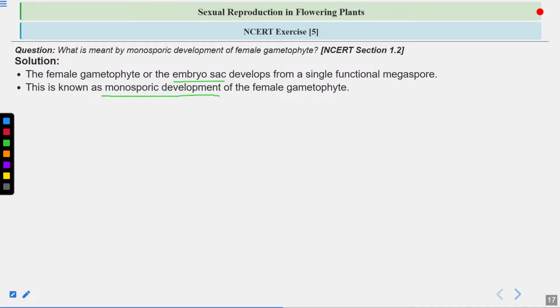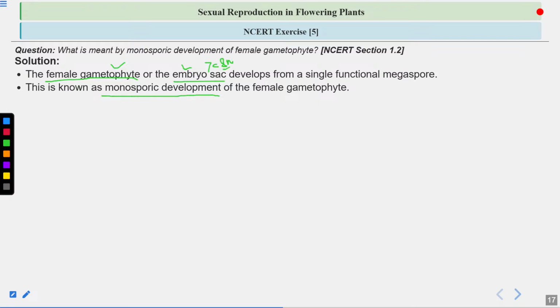There are 7 cells and 8 nuclei. This embryo sac, or the female gametophyte, they are the same thing, is a 7-celled, 8-nucleate structure.